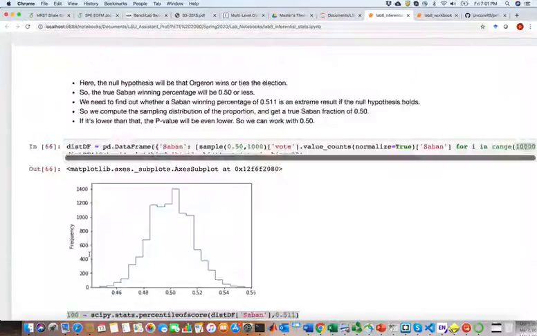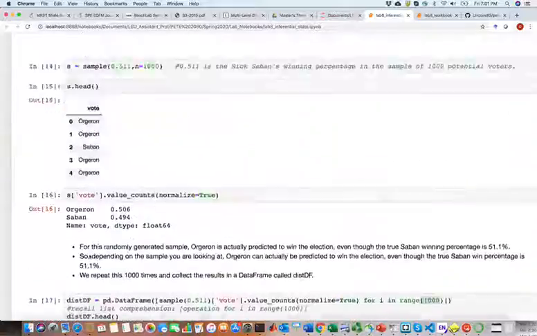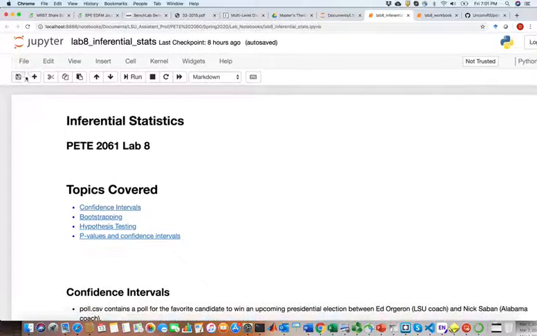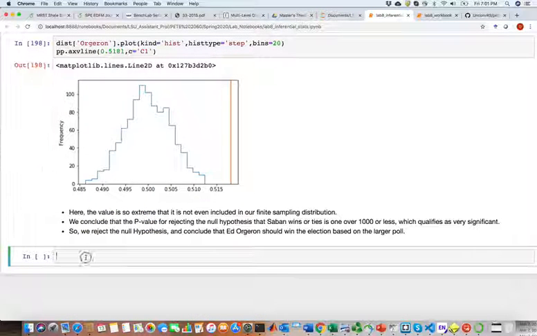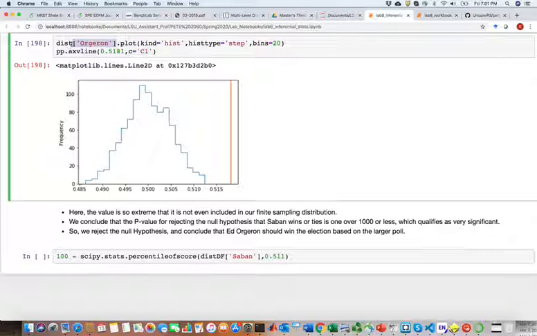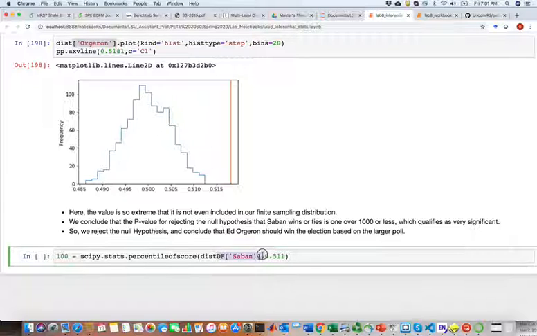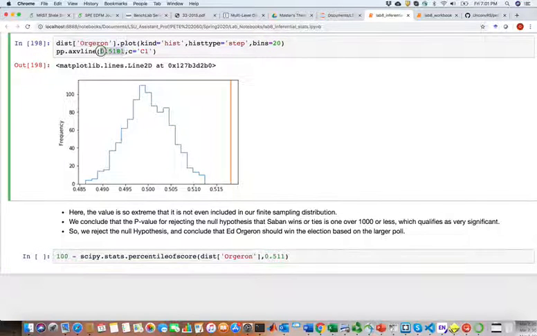I need to go back all the way up to create a new cell, and we can paste it here. So 100, we are trying to calculate the p-value. Dist Orgeron, right? What's the win percentage? 51.81.